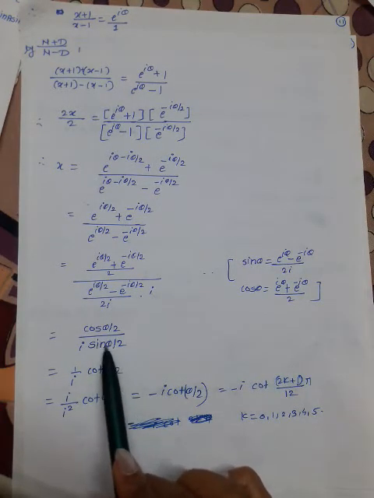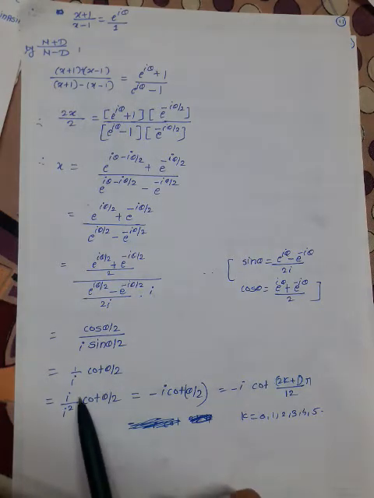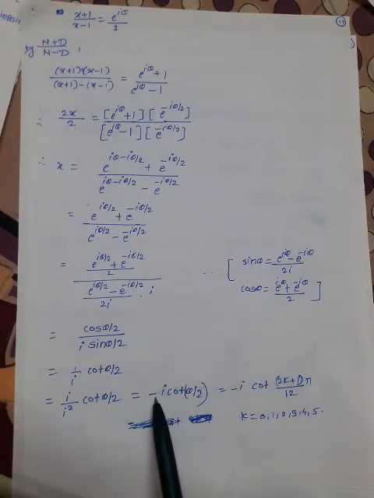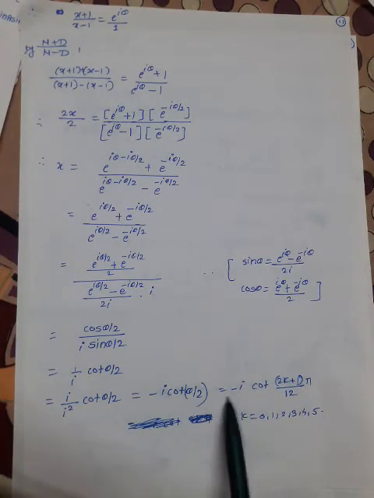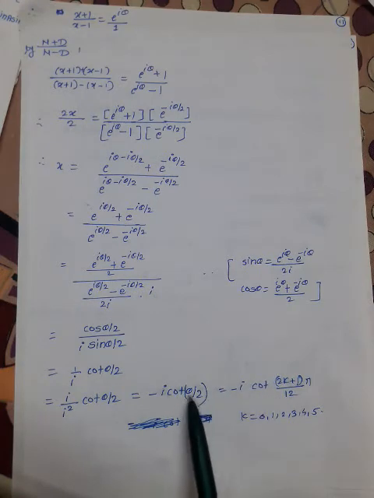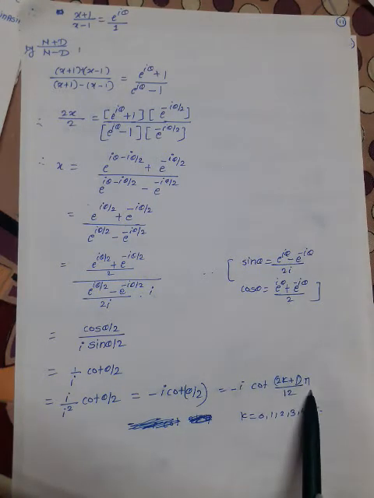We get cos upon sin, which becomes cot theta by 2, and multiplying by i, i squared becomes minus 1, so it is equal to minus i cot theta by 2.